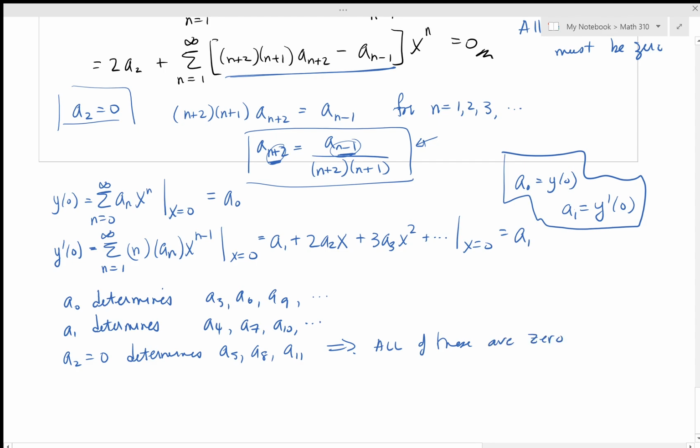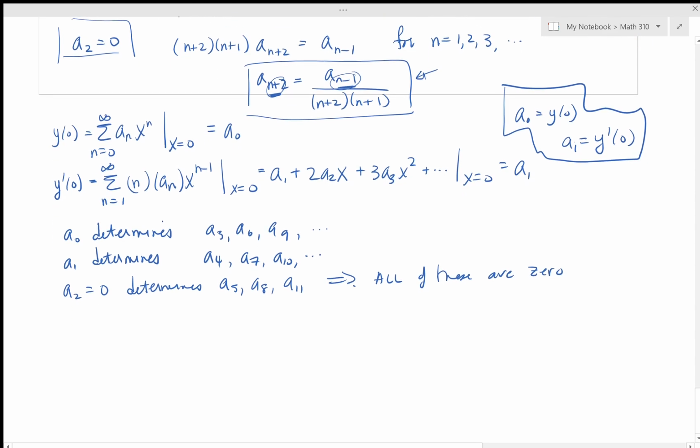Okay, now we'll take a closer look at what A3, A6, A9 are. Taking a look at this row here, A0, A3, A6, A9, that is using n equals 1, 4, 7, 10 in our recurrence relationship. We can then see that A3 is A0 over 3 times 2, using this formula when n is equal to 1.